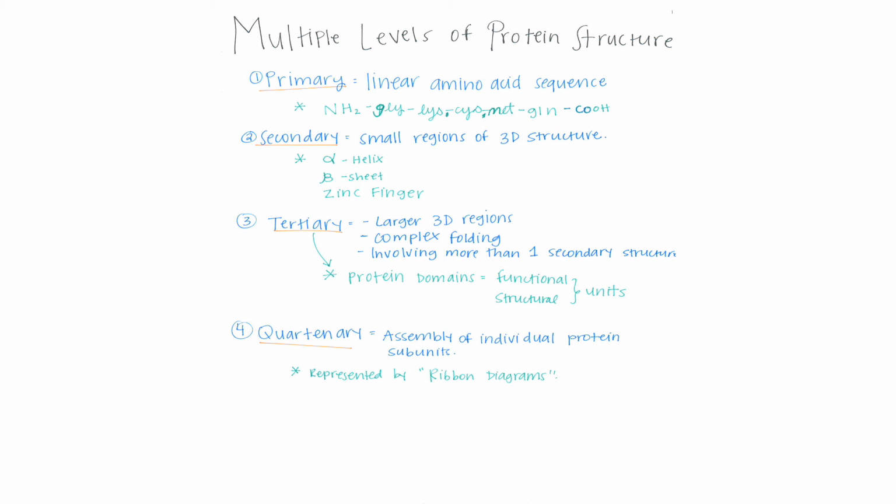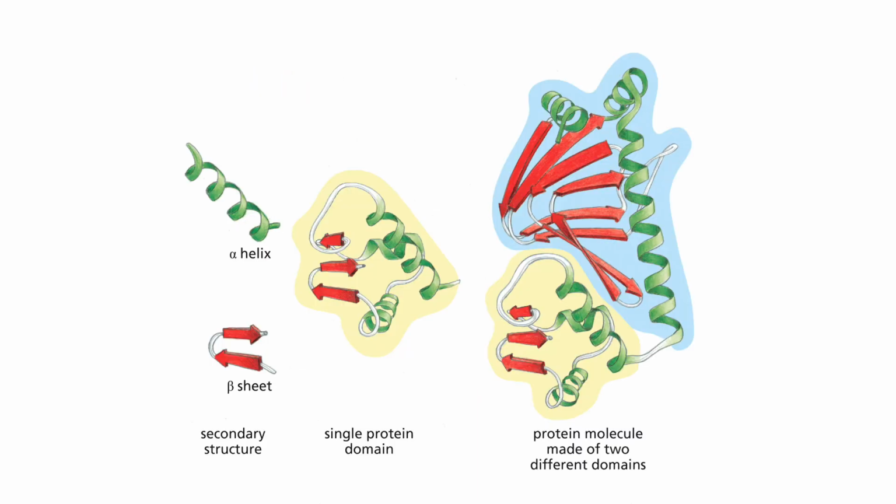We've already seen these, but I haven't mentioned the word before, ribbon diagram. These are classic ribbon diagrams: a ribbon diagram showing the helix, a ribbon diagram showing the beta sheet.